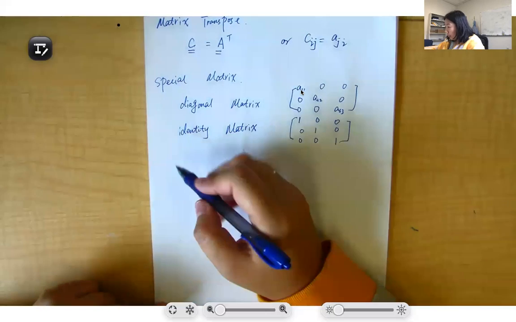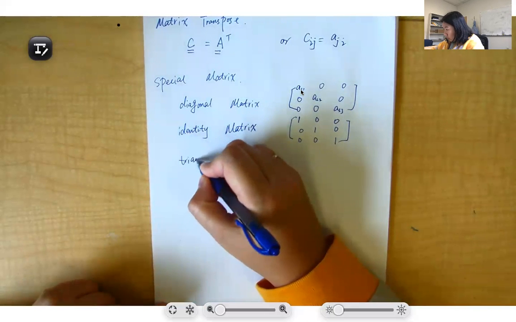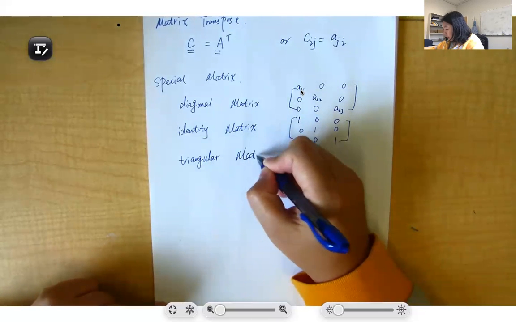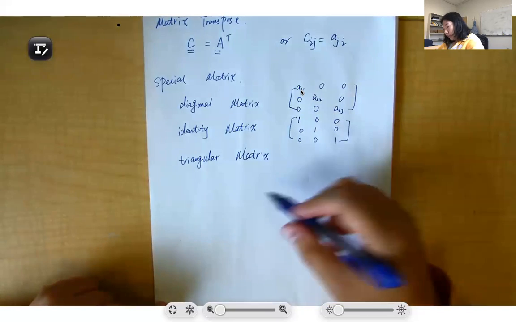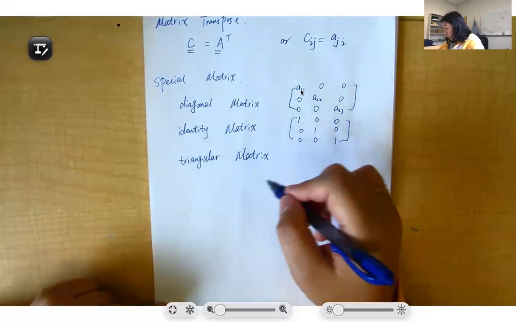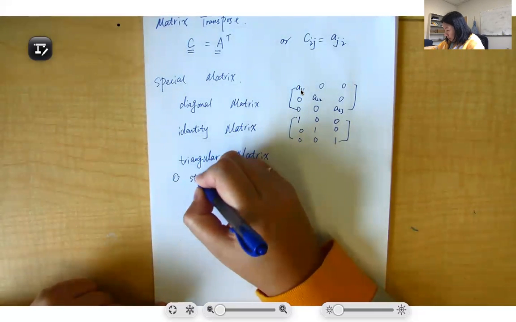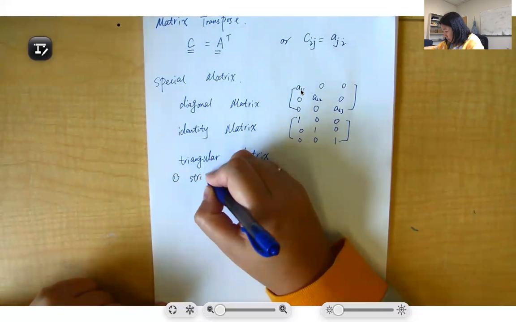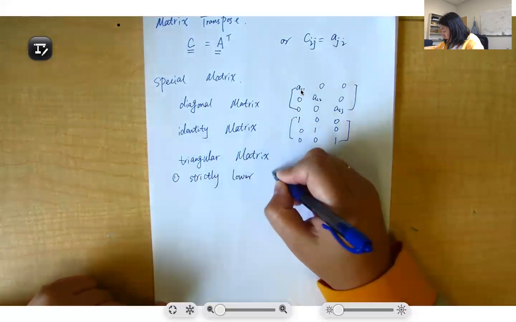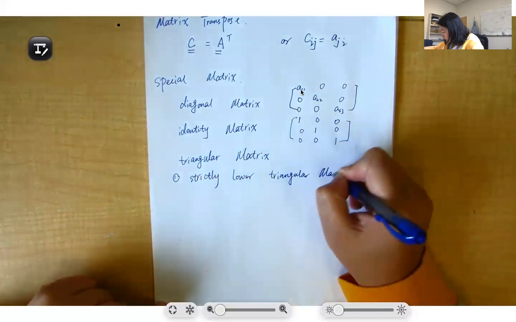Okay, another type is called triangular matrix. There are different types. There are 4 types of the triangular matrices. One is called strictly lower triangular matrix.